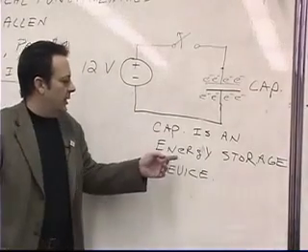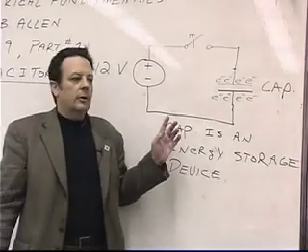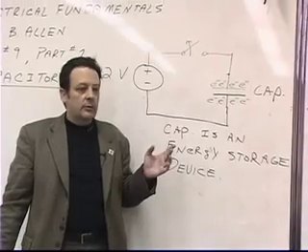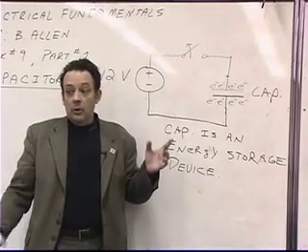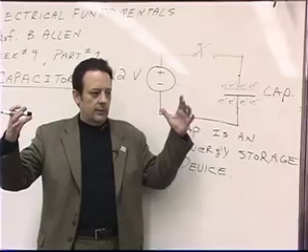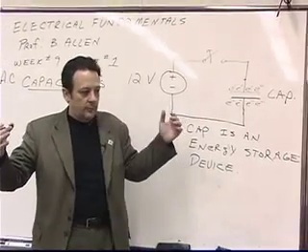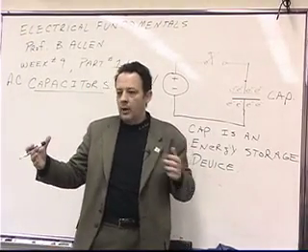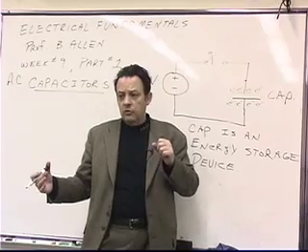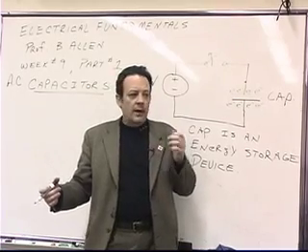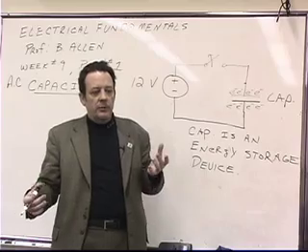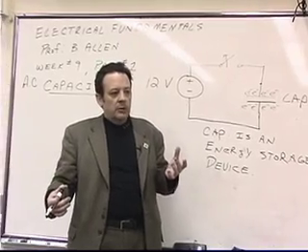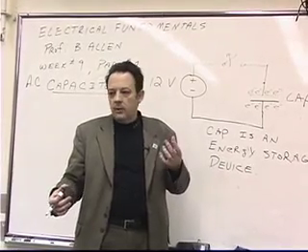The capacitor is an energy storage device. Very, very important, because capacitors in a large form, when they come in the size of 50 gallon drums, can kill people. They can be extremely dangerous. So we have to treat them with a lot of respect, because capacitors can also be very small and not dangerous at all.